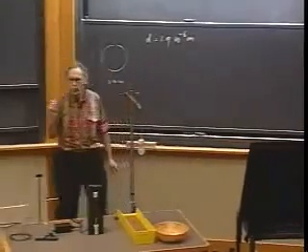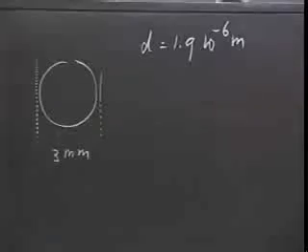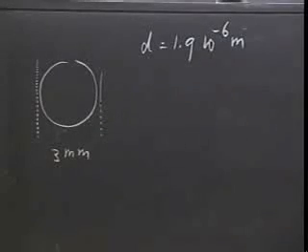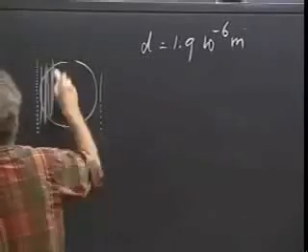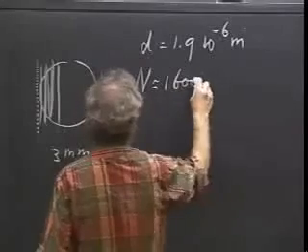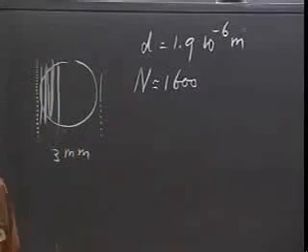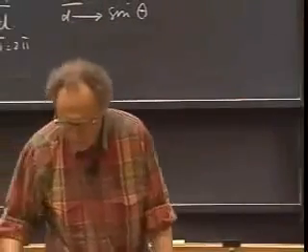That is only 2 microns. How anyone can do that beats me, but it can be done. So I can calculate now how many of those lines I have here in the 3 millimeters. And I end up with n about 1,600. So when I shine my laser beam through my grating, I use effectively 1,600 of those lines.